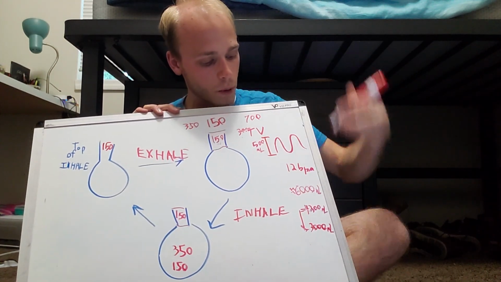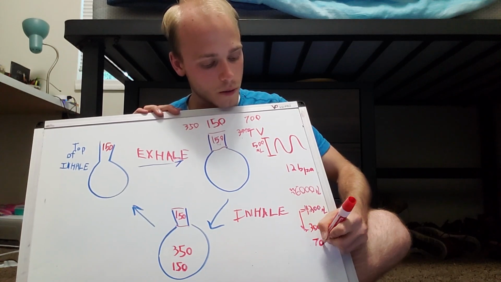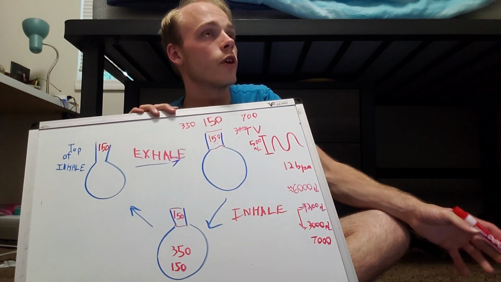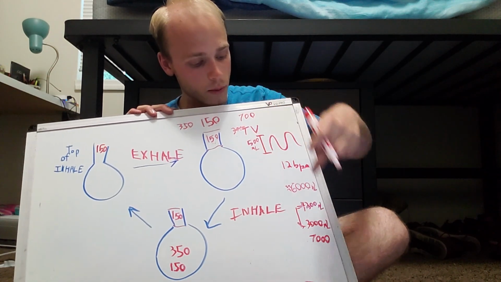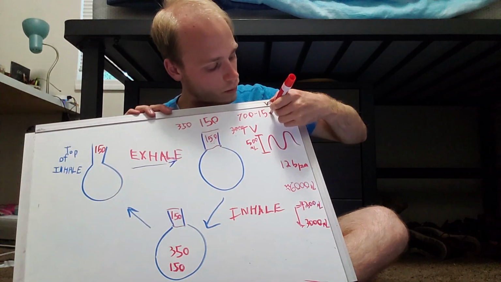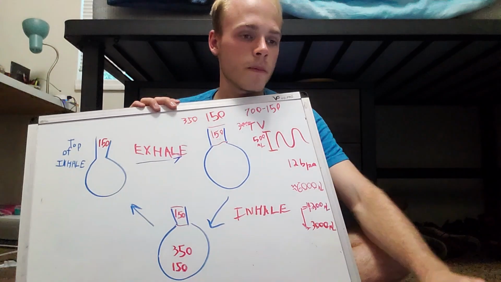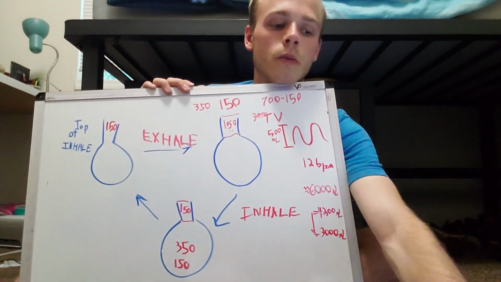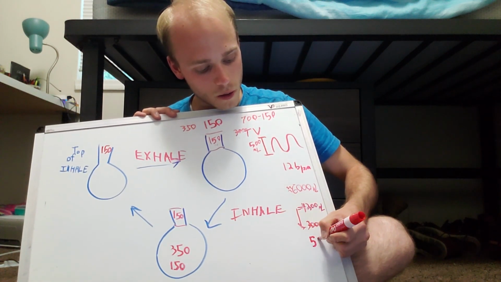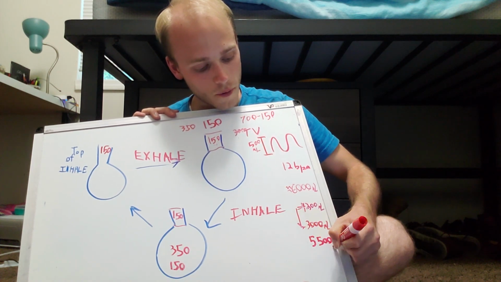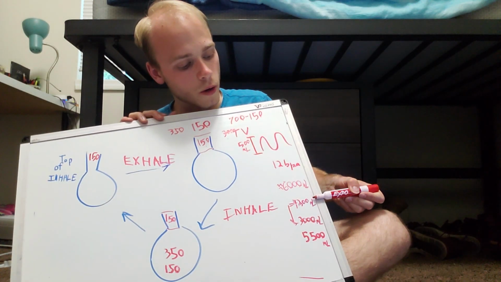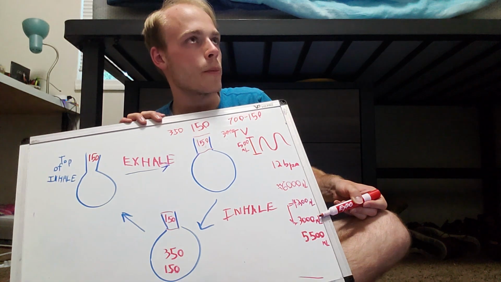So now you take your 700, subtract our 150 dead space, that ends up being 550. We take our 550, multiply it by our 10 per minute, and it ends up being 5,500 milliliters per minute.